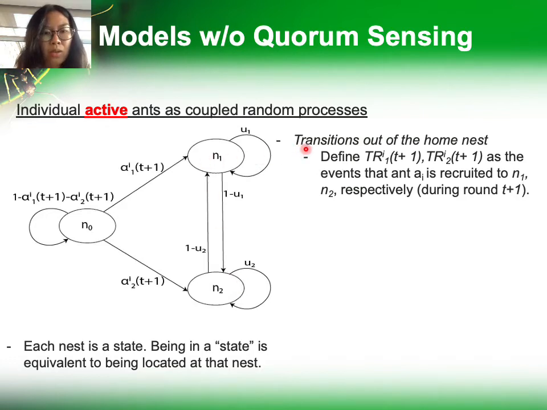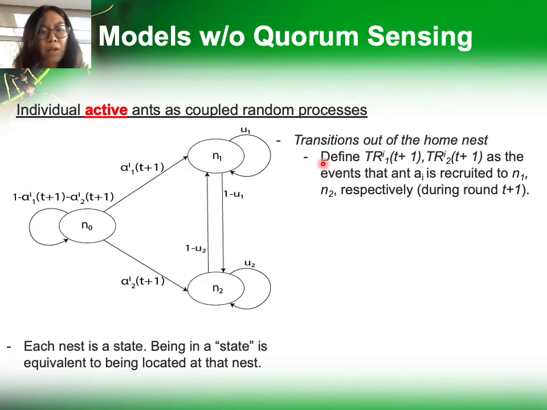And the way we model transitions out of the home nest, this is the home nest, and each active ant will start off being in N0. There are two ways that an ant gets out of the home nest. One is through independent discovery, and one is through being recruited. The latter generally takes preference over the first one.